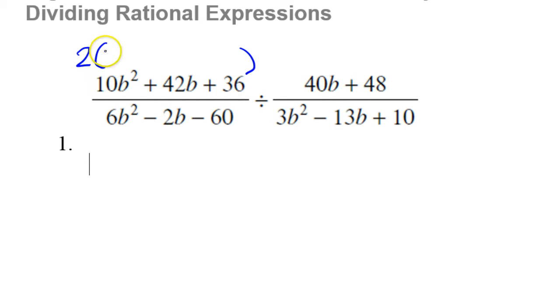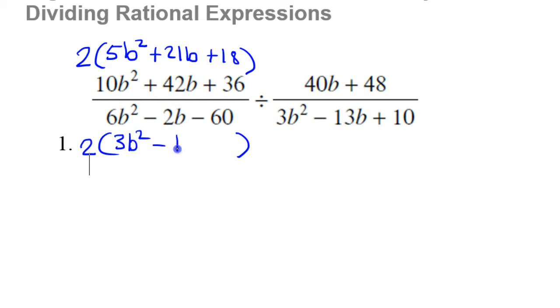If I divide everything by 2, that's going to give me 5b squared plus 21b plus 18. Similarly, if I pull the 2 out of this trinomial, then I've got 3b squared minus b minus 30.